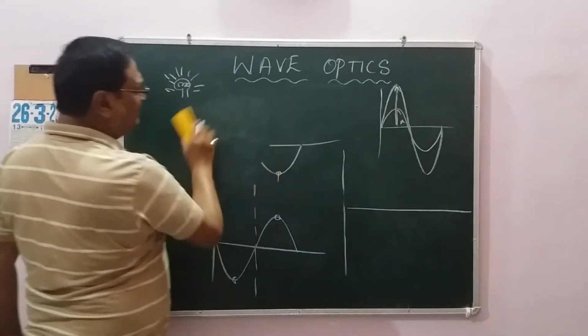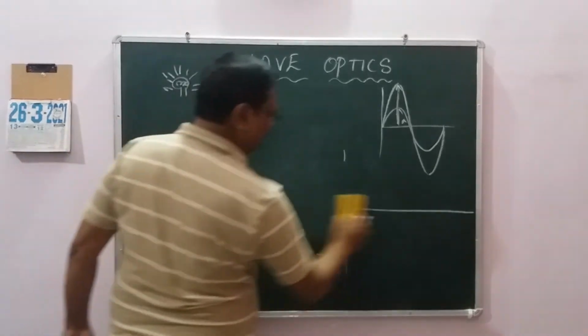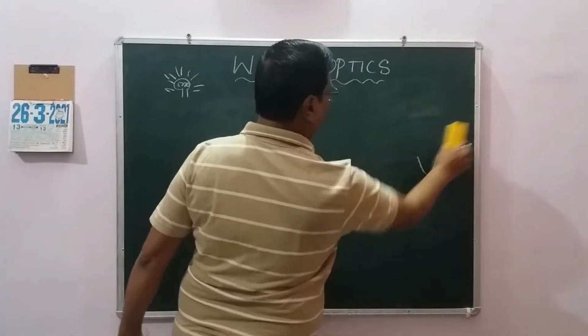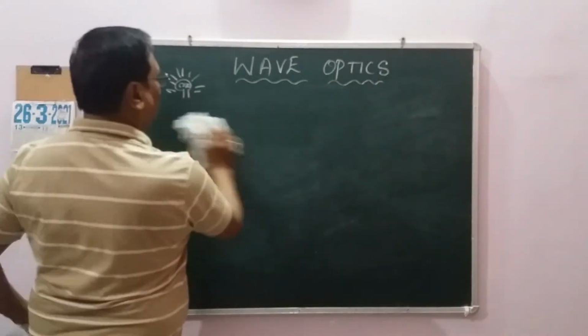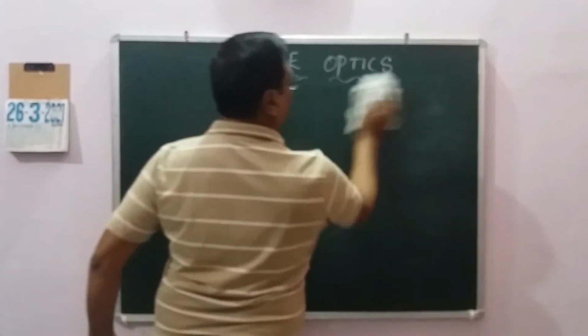Now, what are the intensity maximum and intensity minimum? We need to express this in terms of amplitudes. Let me erase it neatly.